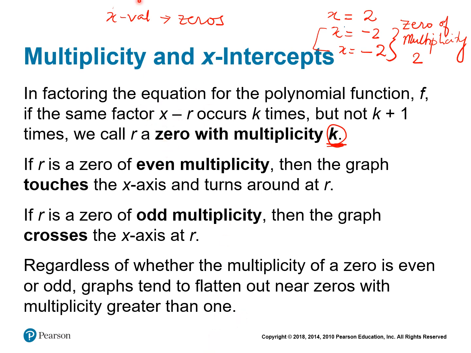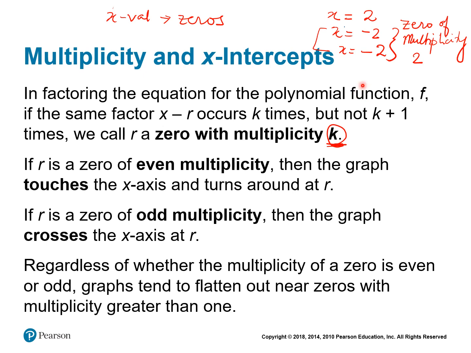But for the time being, just know that multiplicity refers to a situation when an x value is repeated a certain number of times, so definitely more than once. If the number of times it is repeated is an even value, then the graph will change directions.